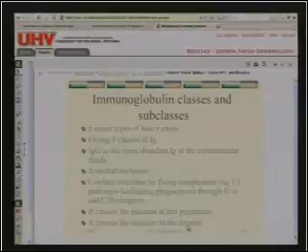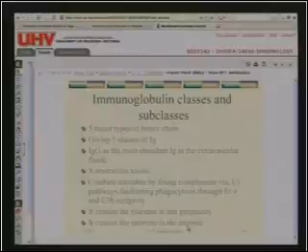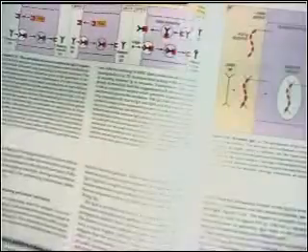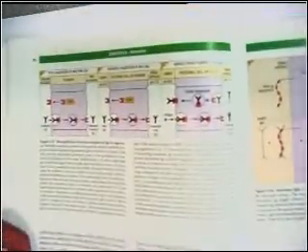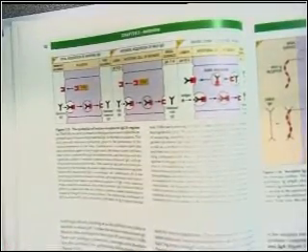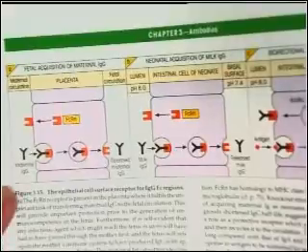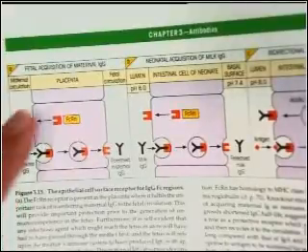Now we will see in your textbook, figure 315, and I will explain this picture. This IgG type, maternal, this is the placenta.